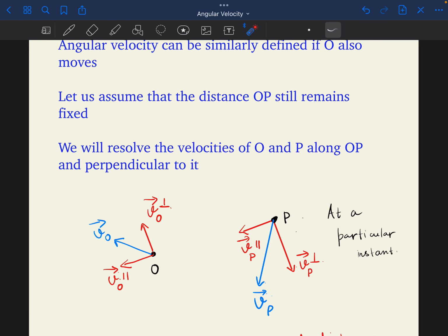And what are these directions? The first direction is along OP and the second is perpendicular to OP. So this VO is resolved perpendicular to OP and parallel to OP. So this is the line OP, and this is an instantaneous line. As O moves, let's say after some time O is here, P is here, so OP will change orientation.